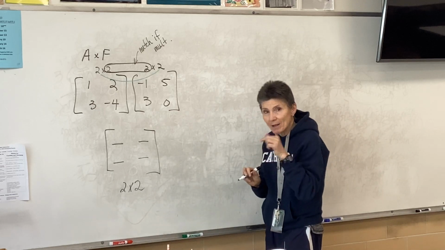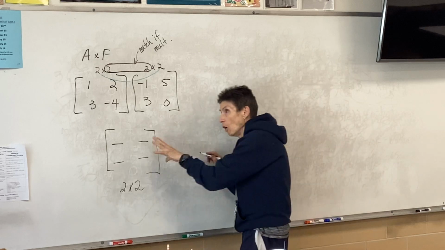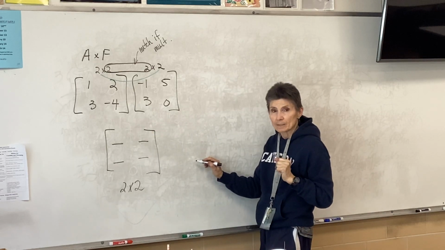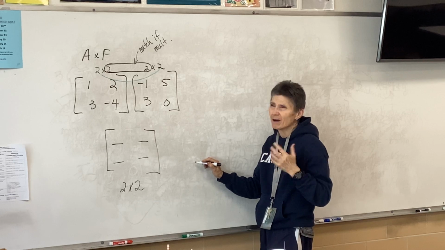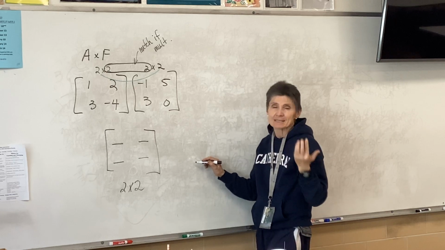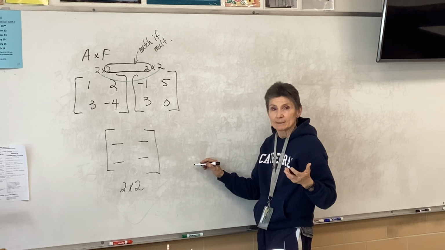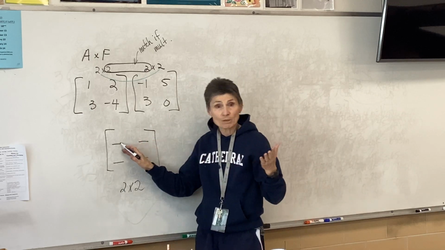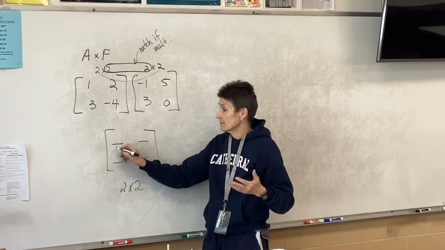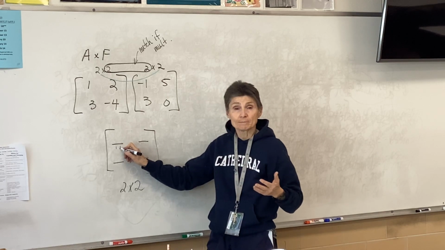You have to figure out the numbers that go in all of those spots. And here's how you do it. It is not easy. Oh, actually, it is easy, but it's not what you might think you do. There's a little more to it. This number right here is in the first row, first column.